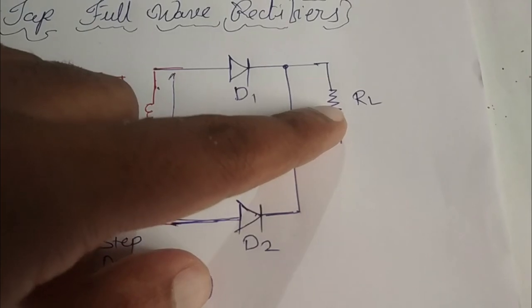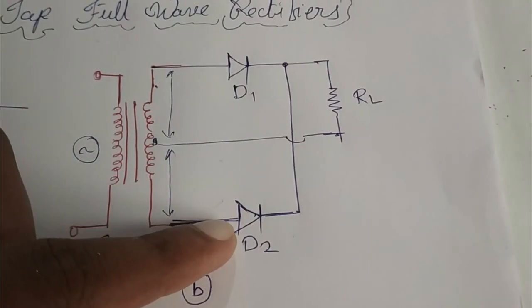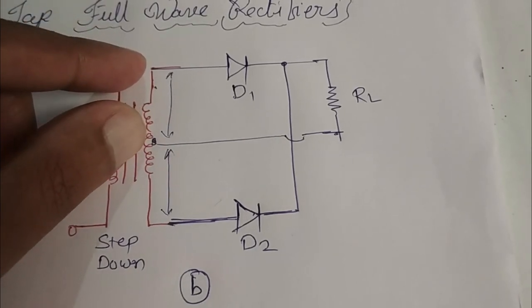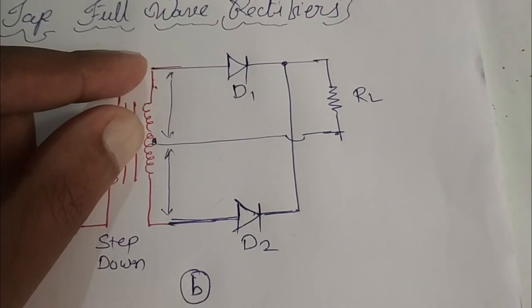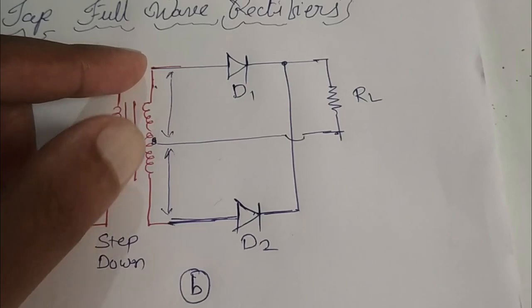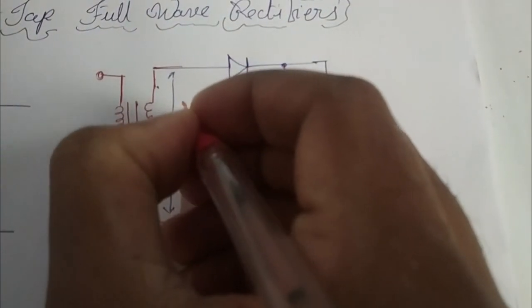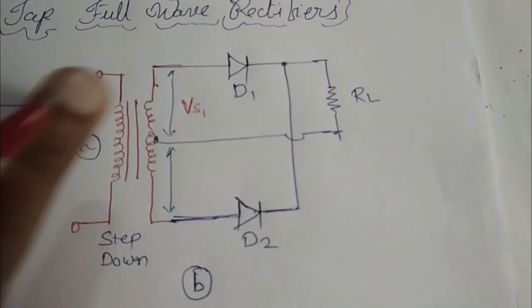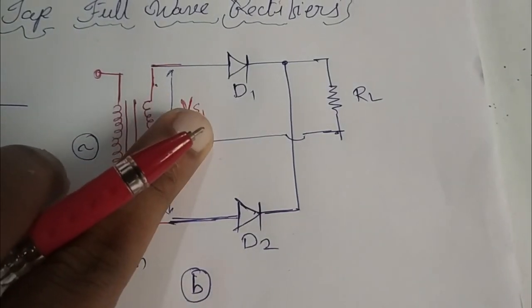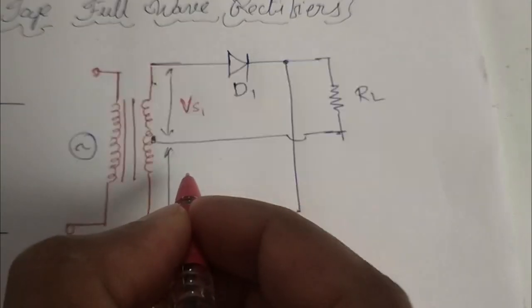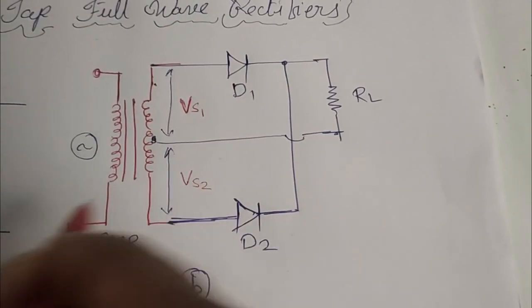So we have the load resistance, we have D1 and D2. This total voltage will be divided between these two diodes. So the diode 1 voltage we will consider as VS1, that is the voltage supply for diode 1, and the bottom half we will consider as VS2.